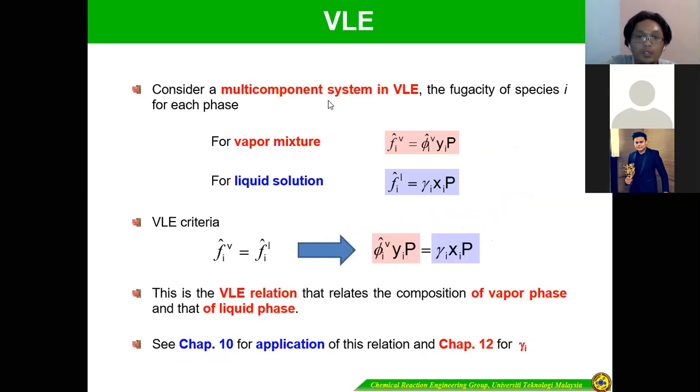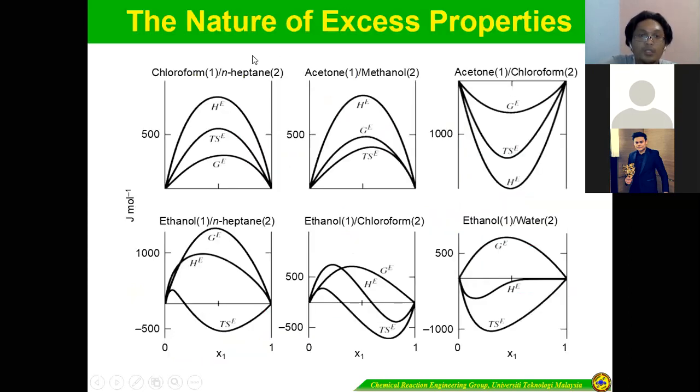Okay, so we almost finished. This is the nature of the excess properties. If you look at here, this is the graph. It looks like half of a sphere, and there's a maximum here, and this is the pure species.